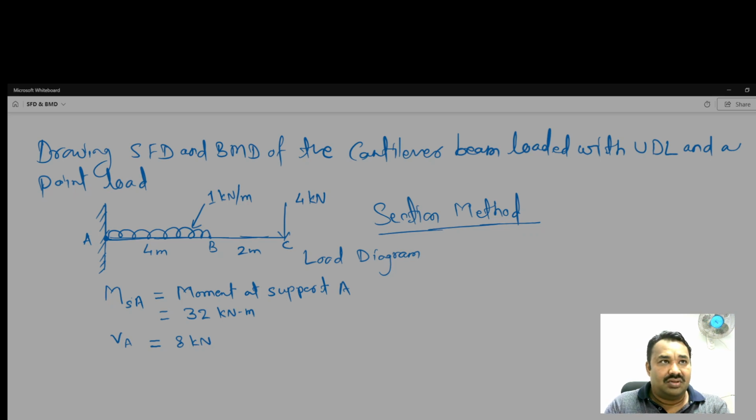And then now suppose in between the load AB we are considering the section X. Okay, now we're going to calculate the shear force.